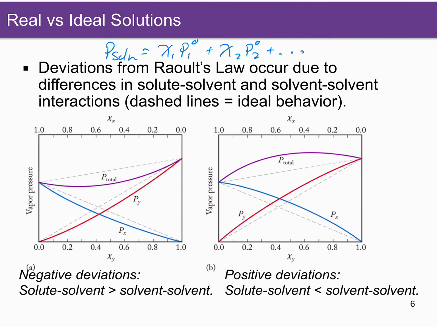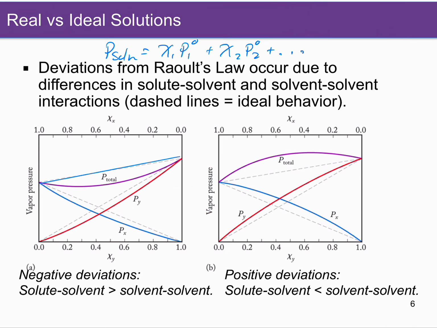So if the intermolecular forces were very similar, then this equation would predict what the vapor pressure would actually be. And that is shown on these dashed lines on the graph.